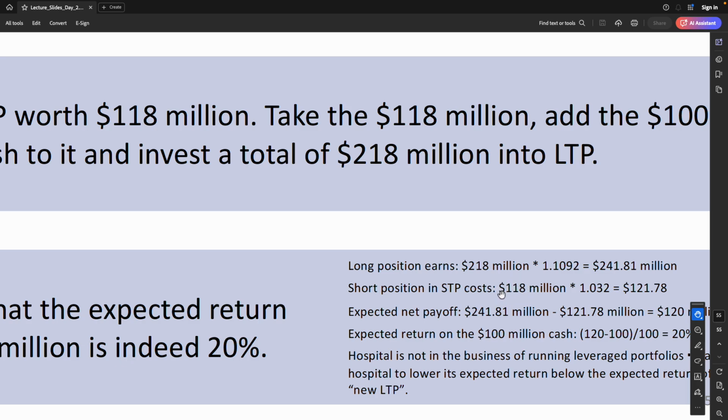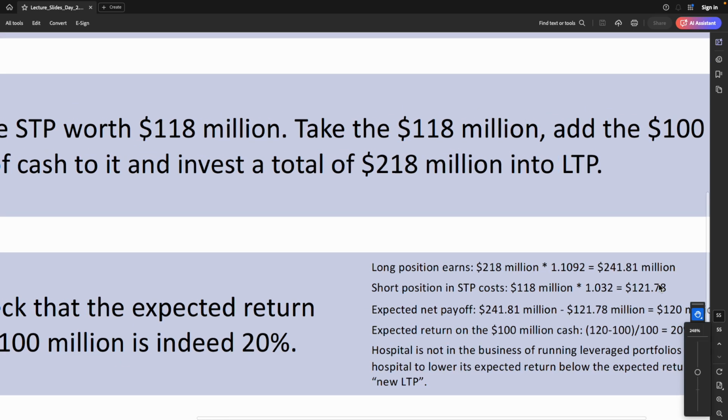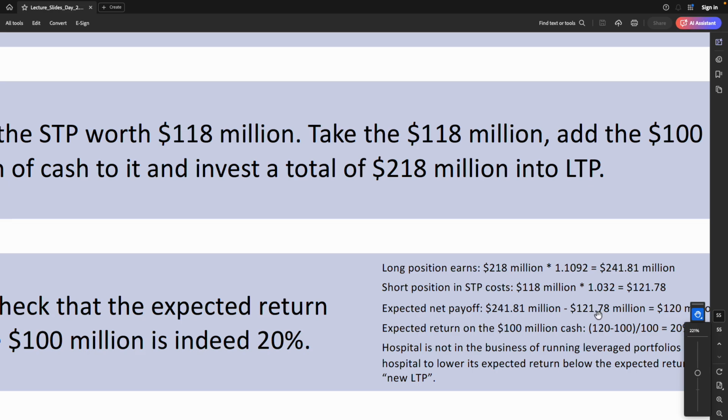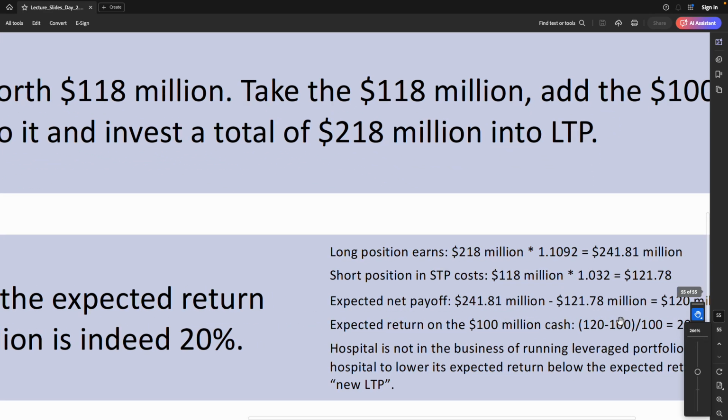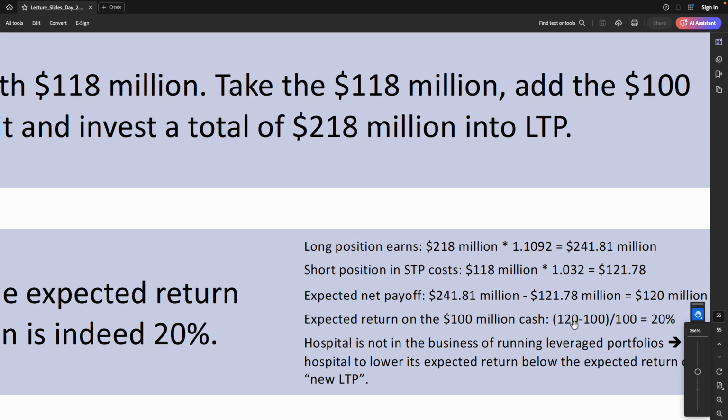We are borrowing 118 at the cost of the risk-free rate by assumption. So we have annual costs of 121 million. Therefore, revenue minus cost gives us 120 million of net income. And if we now divide the 120 million by equity, or here I do 120 minus equity divided by equity, I get my 20%.